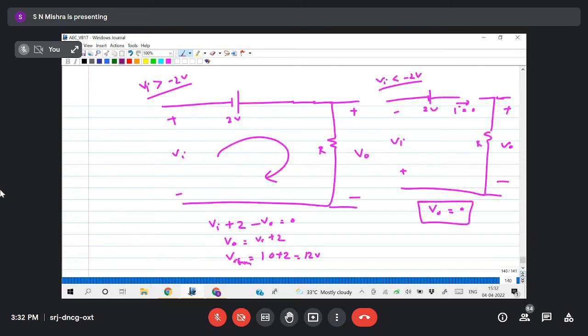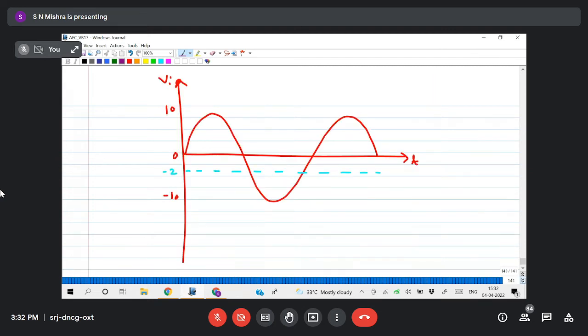When Vi is less than -2, what is our output? 0. So less than -2 means these portions. Yes or no?